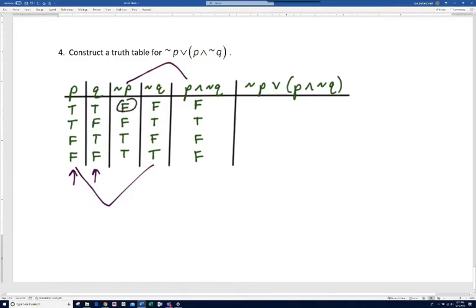Well, these are both false, so this will be the only time when both statements are false, and so this is a false statement. In all the other three cases, at least one of the statements is true, which makes the whole statement true.